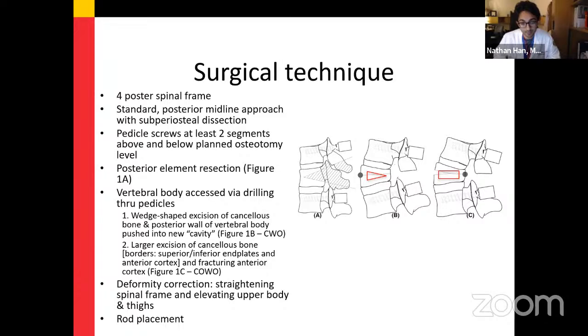And then providing lordosis up to the point where the anterior cortex was fractured. And of course, the correction of deformity was achieved by straightening out the spinal frame and elevating both the upper body and the lower body. After either one of these techniques was completed, the rods were placed and tightened in the standard fashion.